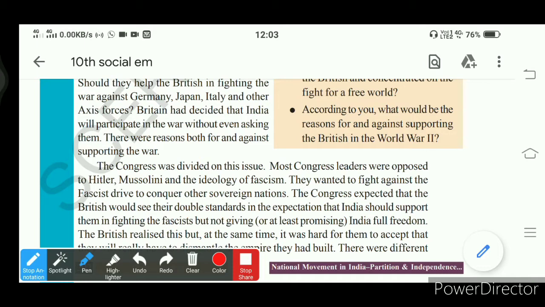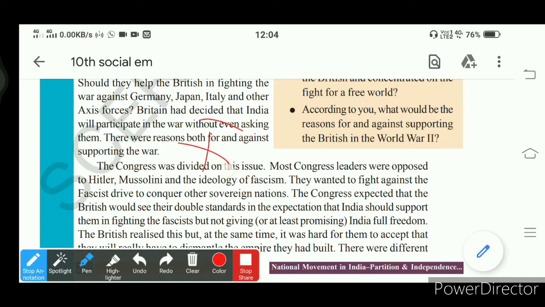Then why we should not support, that is, there were reasons against supporting the war. Why we should not support the British? Because Britain was a colonial master. Britain was ruling India. That means we were under British colonial rule, right?